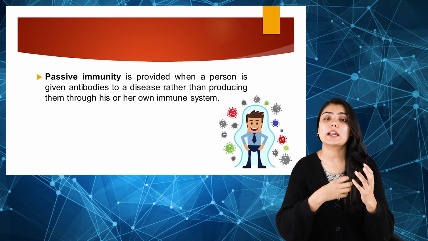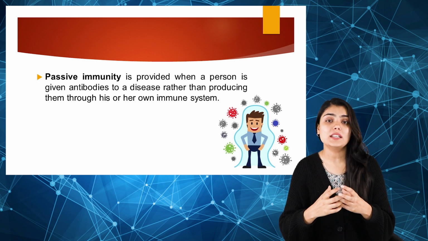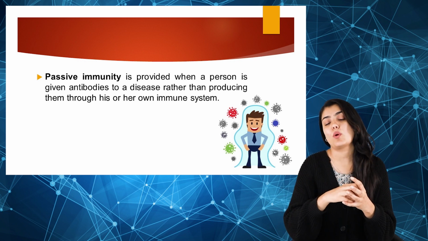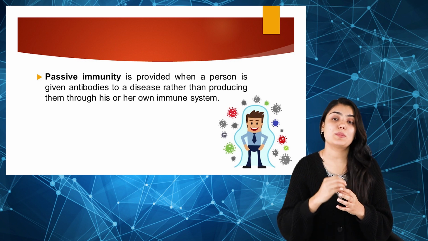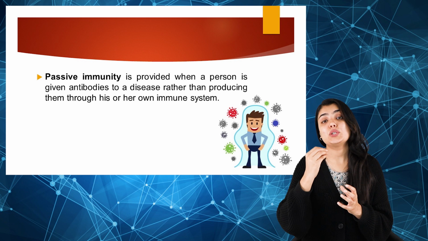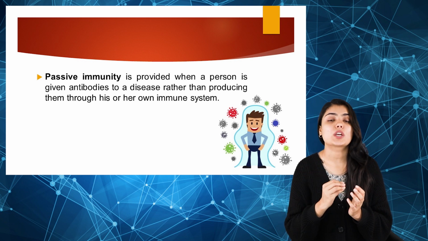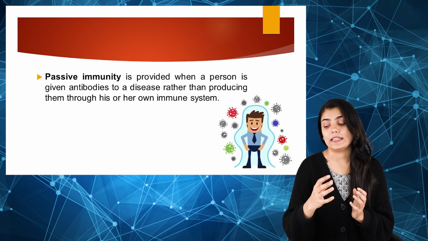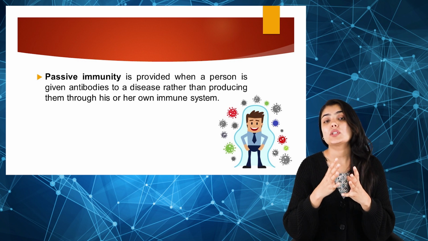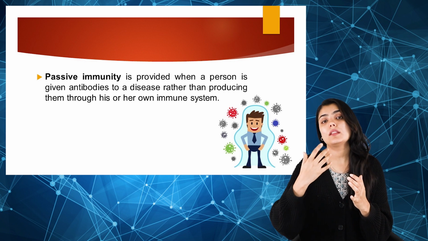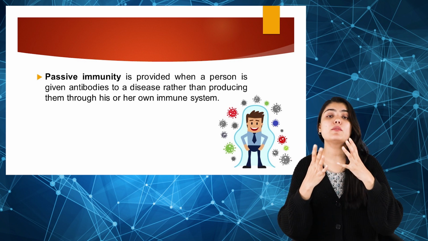The antibodies are not produced in our body, but the person is given antibodies from the outside. The person's immune system is not involved in producing the antibodies that are required to fight against any disease. Now, unlike active immunity, passive immunity is not produced within the person's body, but it is given from the outside.